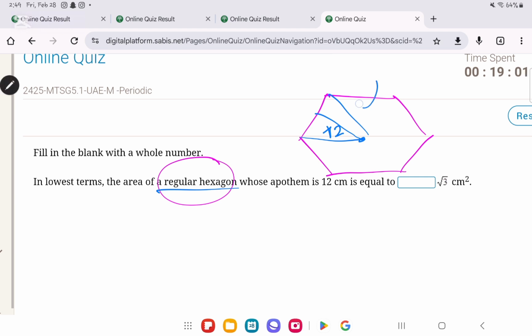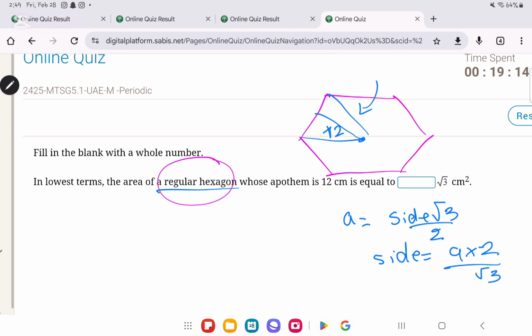And to find the value of the side, we know that apothem is equal to side radical 3 over 2. So side is equal to apothem times 2 over radical 3. Okay? So to find the value of the side, you are going to put on your calculator 12 times 2 over radical 3. And you got the value of the side to be 8 radical 3.